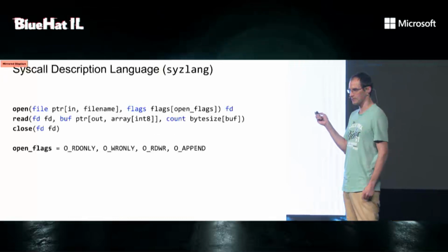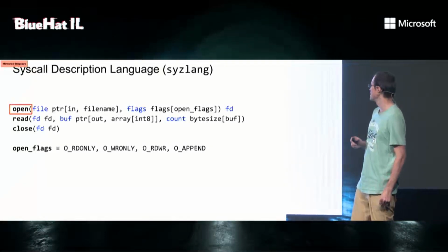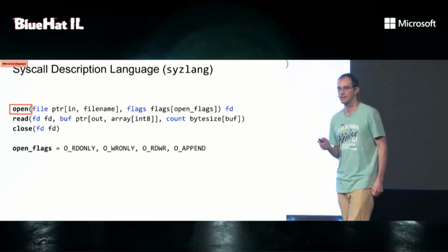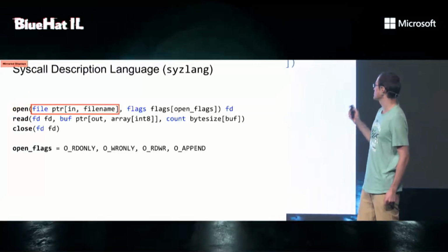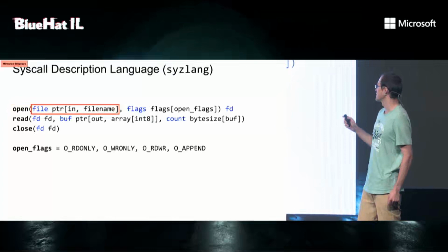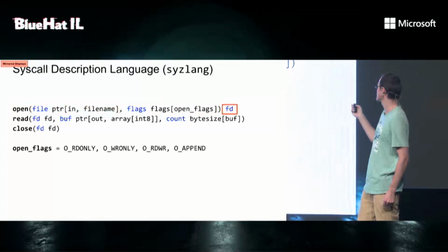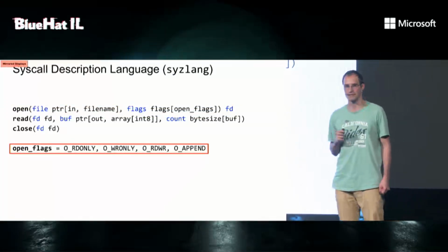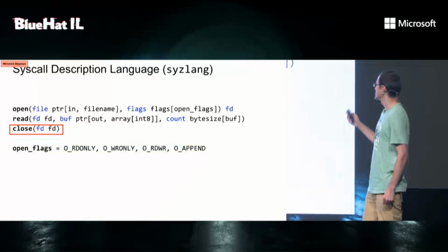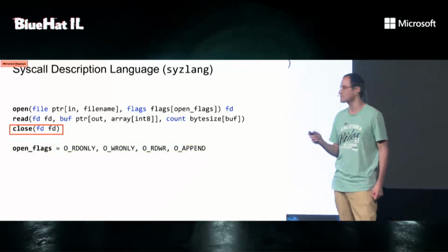You can see an example of the description on the slide, and hopefully you can read it, mostly because those descriptions are similar to C function declarations. We say that there is an open system call, which has a first argument file, which is a pointer to a file name, and the second argument is some flags, and it returns a file descriptor. And we can enumerate the values for the flags we can pass. And then we say there is a close system call that accepts the file descriptor.